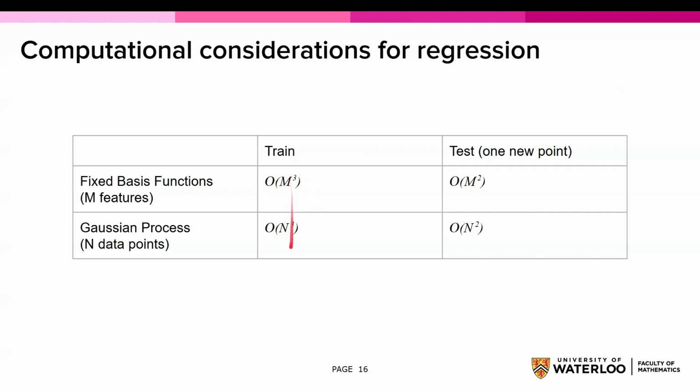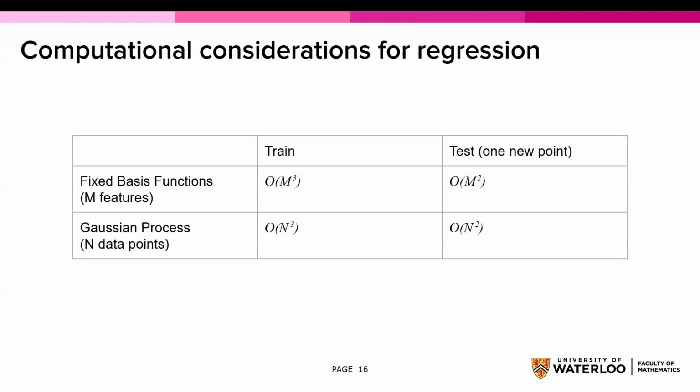So in the big data regime, Gaussian processes can become computationally prohibitive because of that cubic scaling with n. While Gaussian processes give us the flexibility to use rich infinite dimensional spaces and to not have to specify those basis functions up front, you'll pay for it if the data set gets too large.